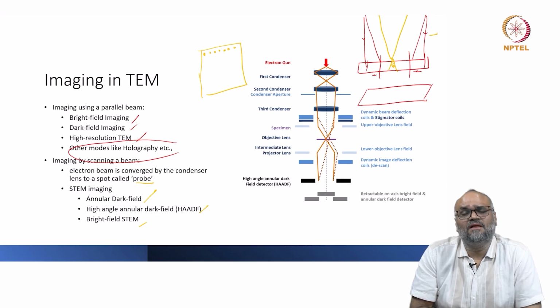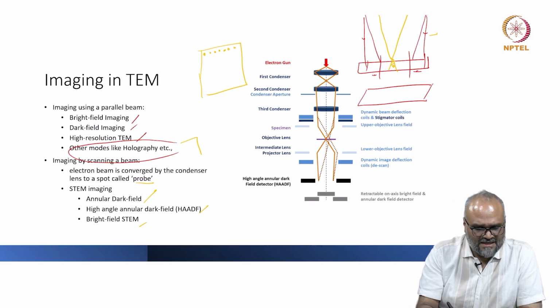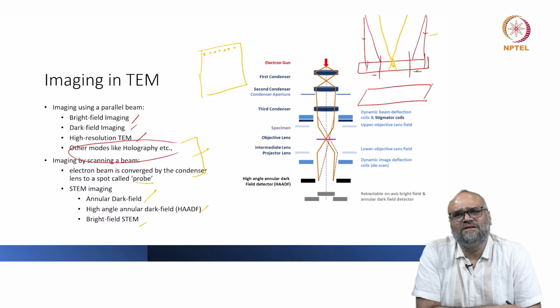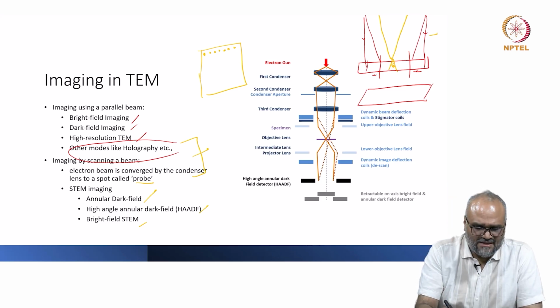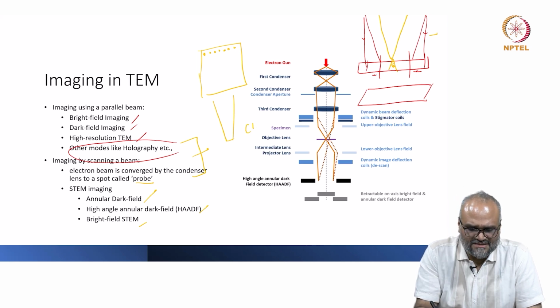There is one more special mode where you have something in between a parallel beam and a probe. You can form sort of a truncated cone shaped beam, and you have a special mode called convergent beam electron diffraction.